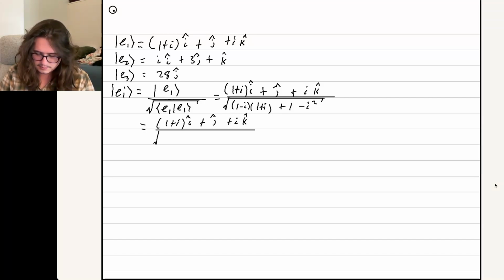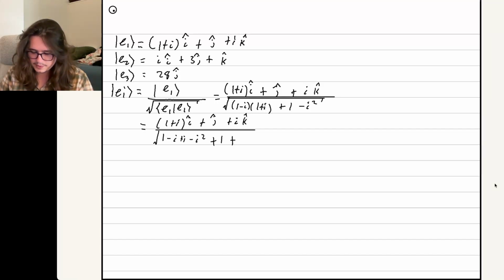So it's going to be 1 minus i plus i minus i squared. And then we also have the 1 from before, and also minus i squared is just equal to 1. So the i's by themselves will cancel out, and then minus i squared is, again, 1.